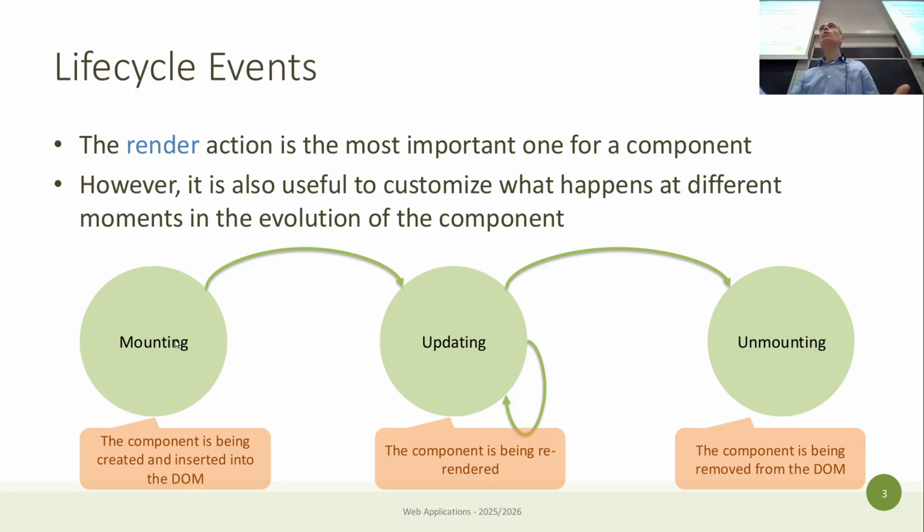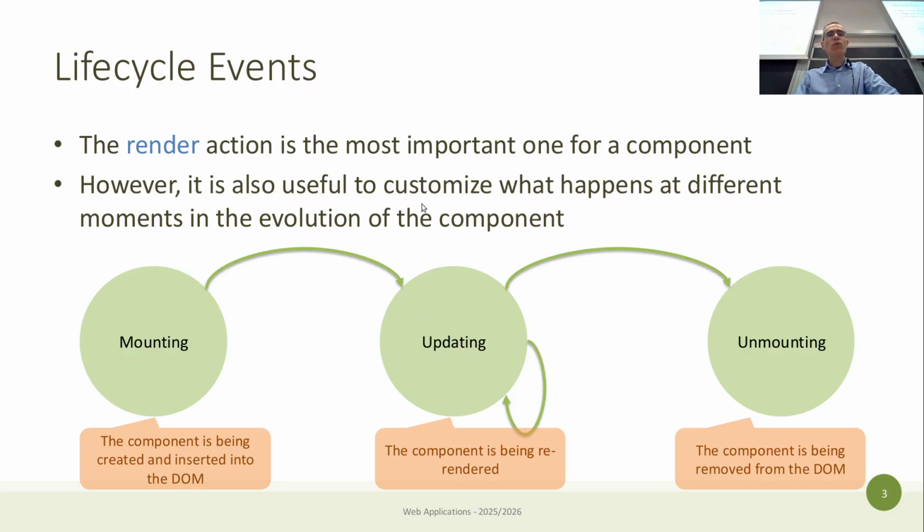That's the way things are handled by React regarding components. So there are 3 states, the initial one and the final one, and we need the final one because maybe we want to do something on unmounting. It's pretty unusual in a very simple application, but maybe we need to do something. And there is the updating state, which is the most common one, the one we have thought about until now.